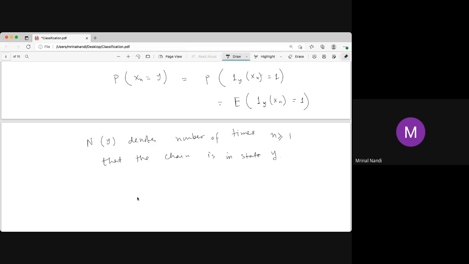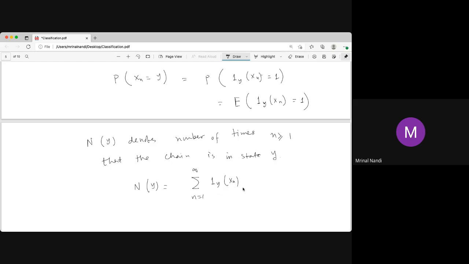Now you can easily check that Ny is the sum over n equal to 1 to infinity of 1_y(Xn). That means Xn equals y. How many times is it 1? If it is 1 ten times, then Ny equals 10.